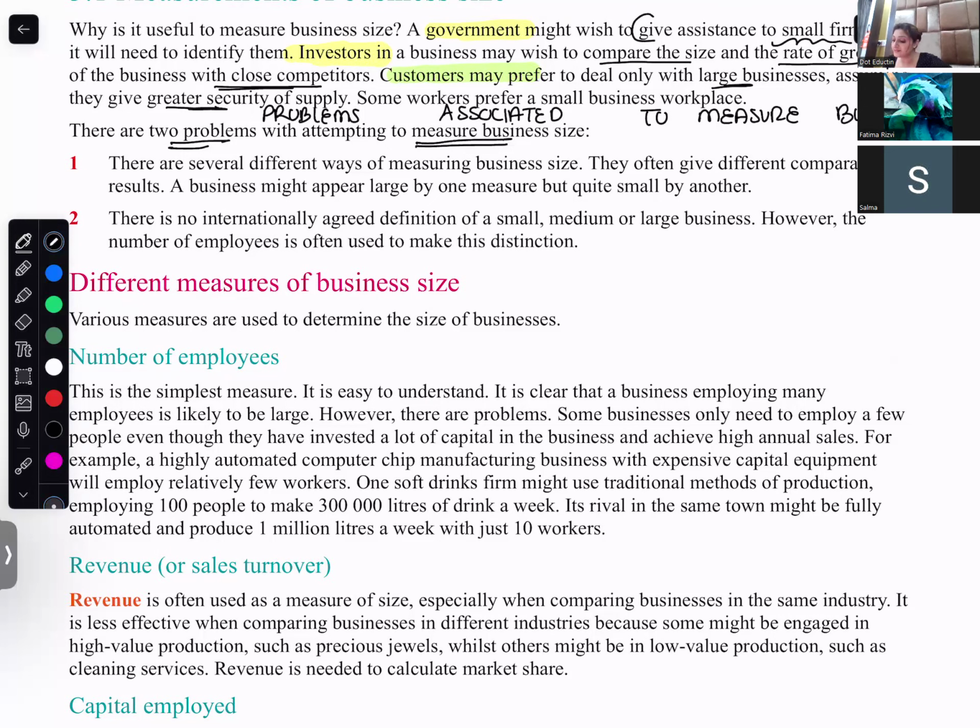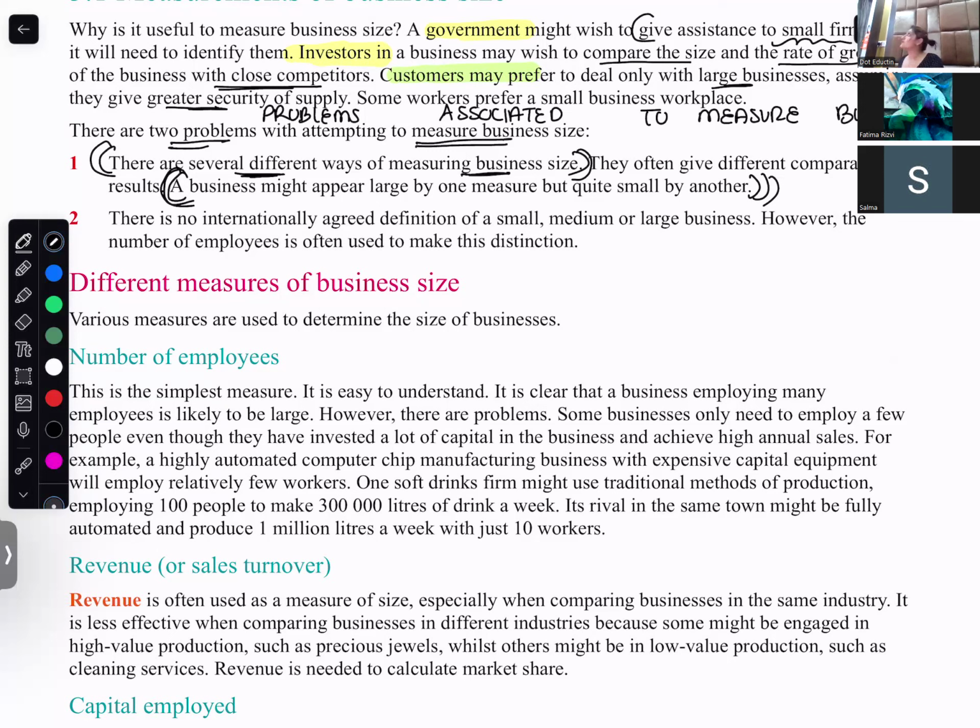Okay, so there are a number of ways to measure the business size. The first problem associated with measuring business size is that there are a number of ways to measure it. A business might appear large by one measure and small by another measure, the way we discussed when we started.